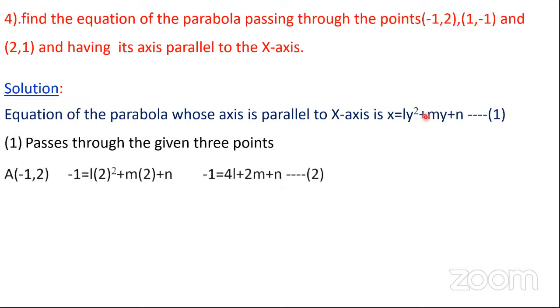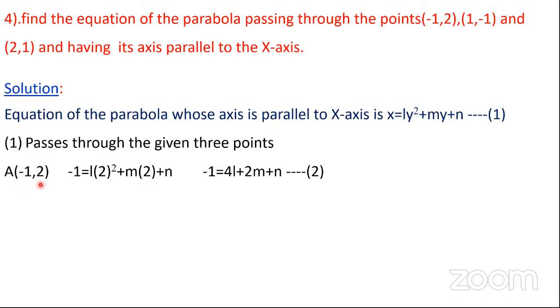I have written it in a simple way in the PPT, but you have to write: A minus 1, 2 lies on the parabola. Therefore, substitute the point, children, minus 1, 2. In x place, we have to substitute minus 1.